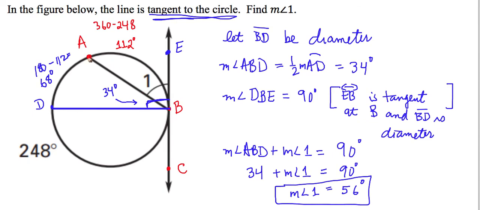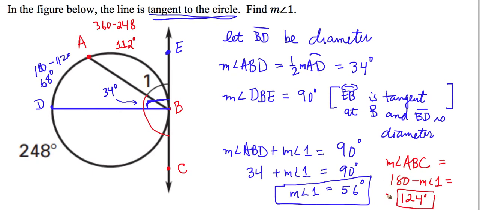In other words, from AB to C, the measure of angle ABC. So the measure of angle ABC is just 180 minus the measure of angle 1, which turns out to be 124 degrees.